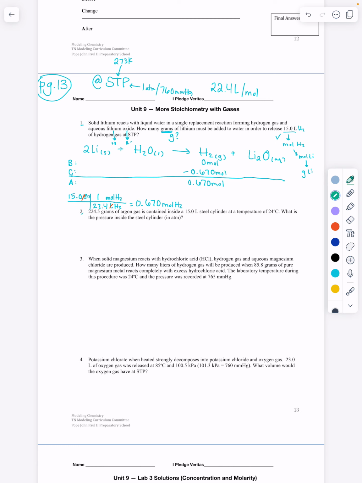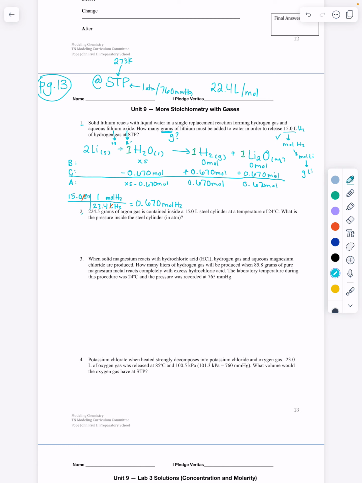And looking at my coefficients, it's a 1:1:1 ratio with water and lithium oxide. So that means that this same value is going to be the change for these as well. So 0.670 moles, I can fill that in for water and lithium oxide. And lithium oxide also started at 0 moles, so I'm going to end up with the same amount. My water was in excess, so I can just write excess minus 0.670 moles.